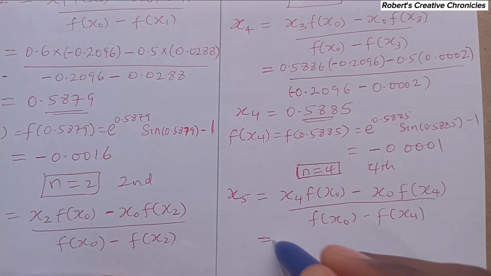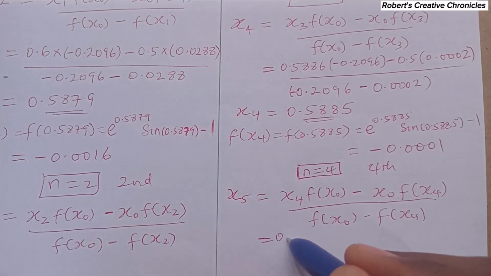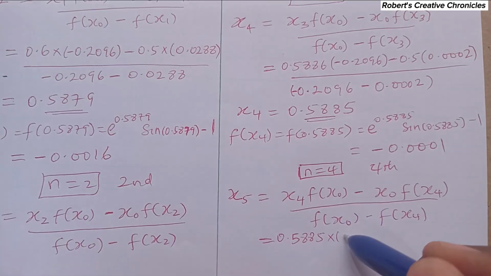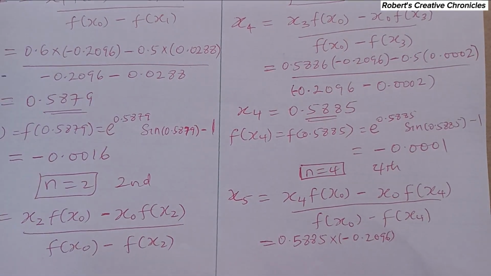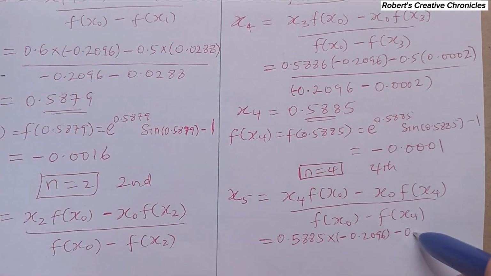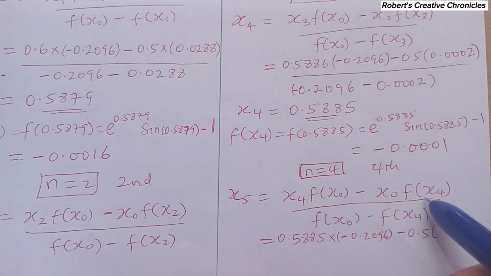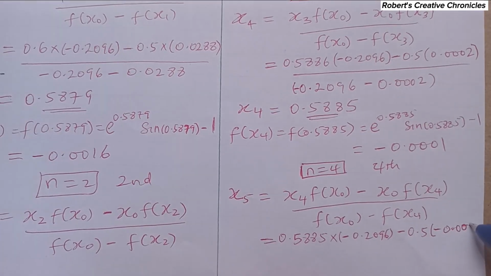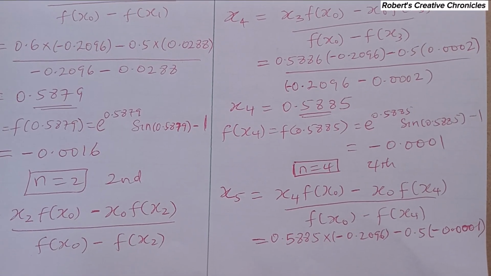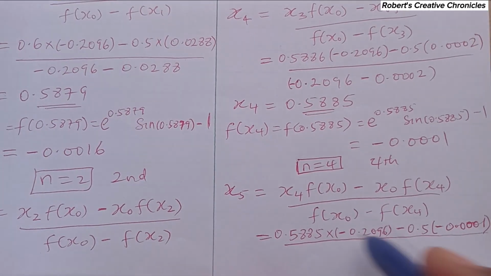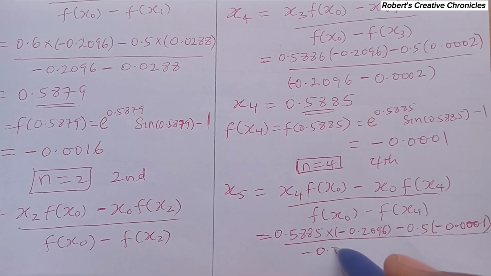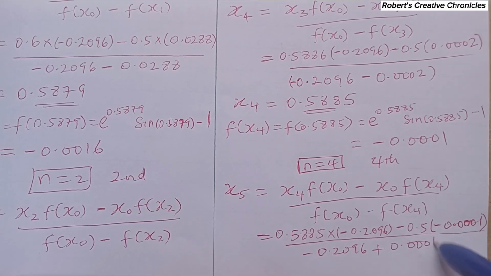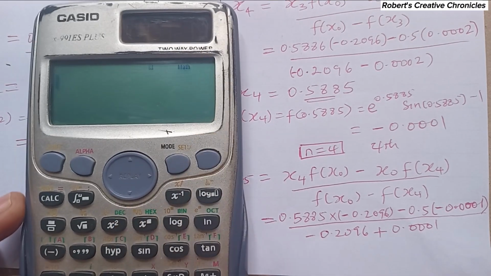So now we'll substitute. x4 is 0.5885. f(x0) is the same, negative 0.2096, minus 0.5, then the function of x4 is negative 0.0001, divided by negative 0.2096 plus 0.0001, since there's a minus here.